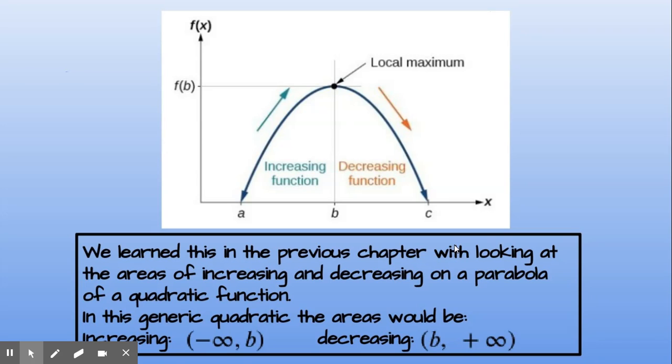Now, as our functions get bigger, we're going to have multiple areas of increasing, or multiple areas of decreasing, or a combination of the two. And you'll see that in this picture, it says local maximum. That's because some polynomials are going to have multiple maximums or multiple minimums, so it's local for the one we're looking at.